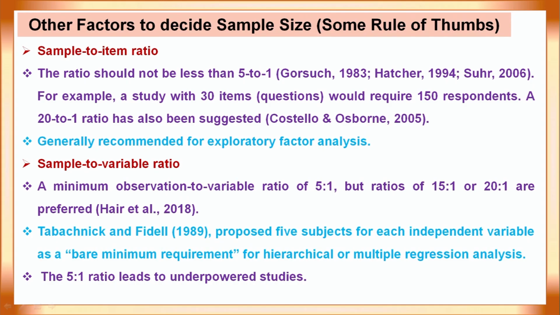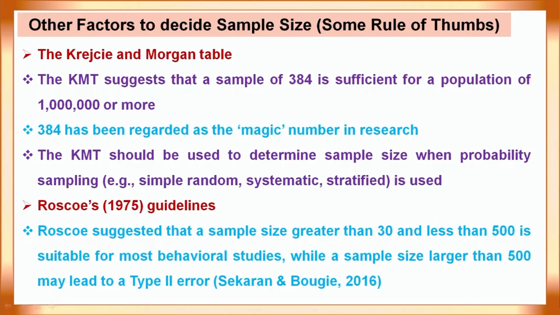Also, many researchers suggested a higher ratio, 15:1, 20:1, which is more preferred. Many researchers disagree that 5:1 is sufficient, especially when you are using regression analysis, because most social scientific research uses regression analysis and correlation analysis. As I already told, the 5:1 ratio leads to an underpowered study.